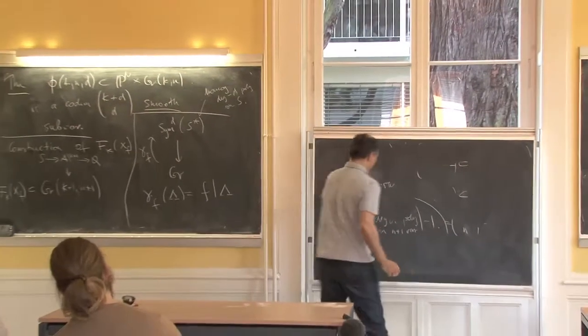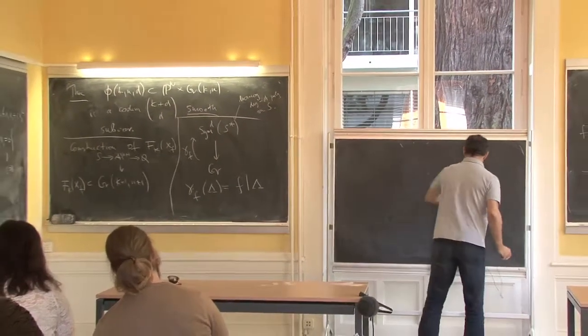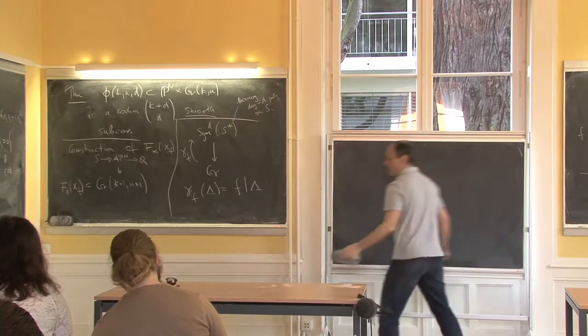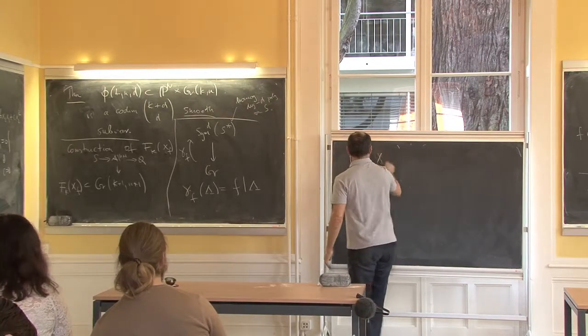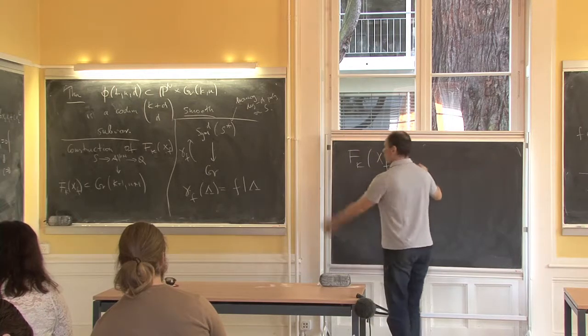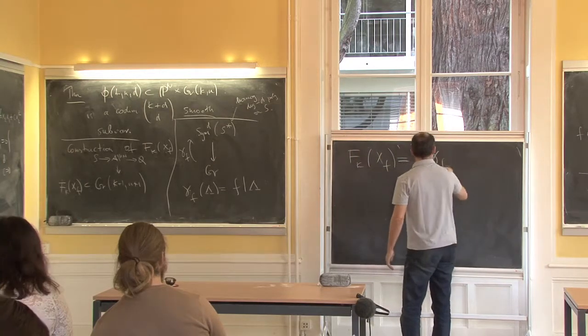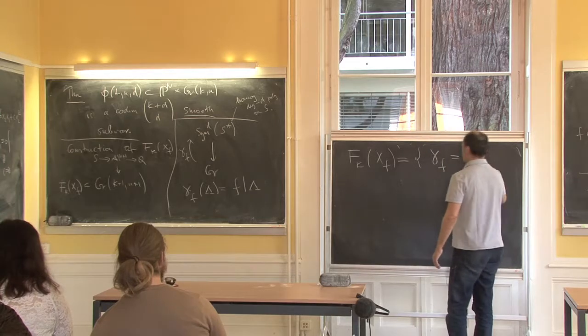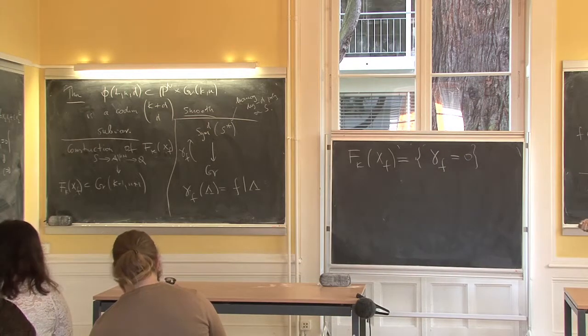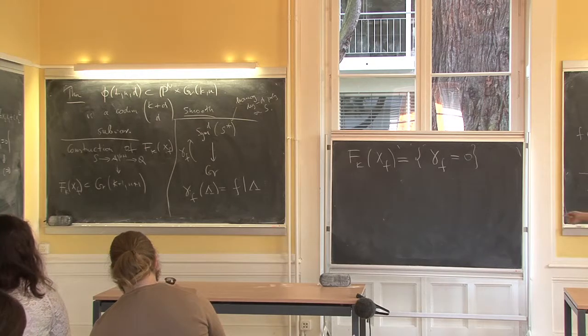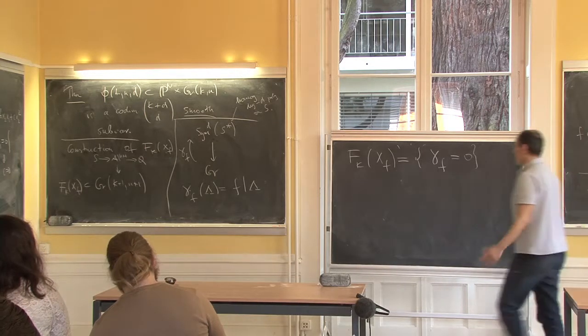I took 2 extra minutes, but I'm really finished. I'm not going to be able to do the calculation, but at least I'll write the formula. So actually F_k(X_F) is simply equal to wherever this gamma F is equal to 0. Because when I restrict F to 0, those are these planes. And now this is exactly our Chern class situation. So the final formula is this.